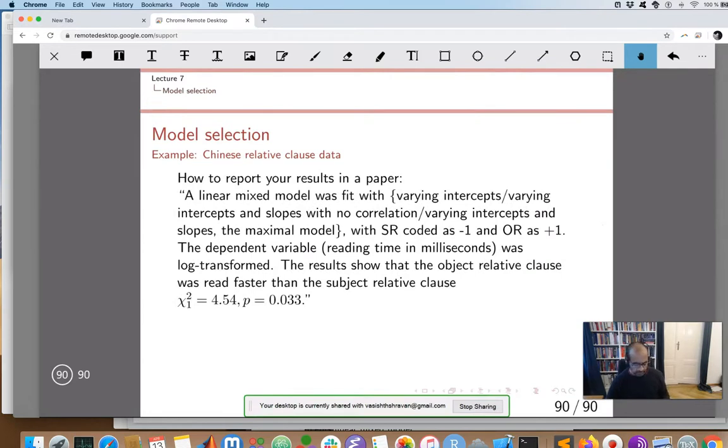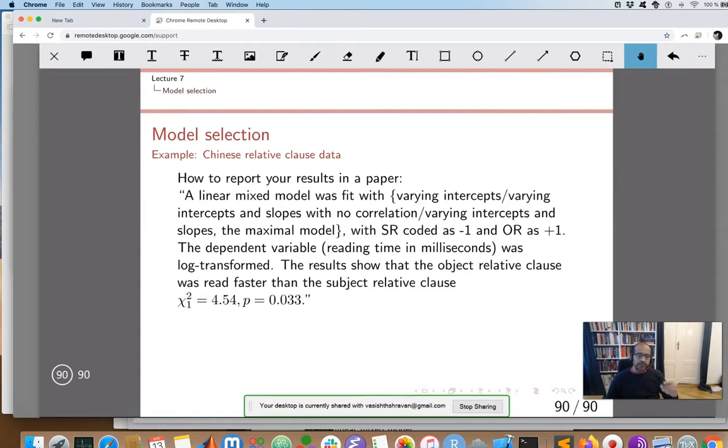All I have shown you in this part of the lecture is how to do the model comparison. You have several choices on how to do this. You can go the Barr et al. route and then do your model comparison using the likelihood ratio test on the fixed effects, or you can have this two-step procedure. First, decide on your random effect structure by doing model comparison, and then check if you get a significant effect with your chosen random effect structure.